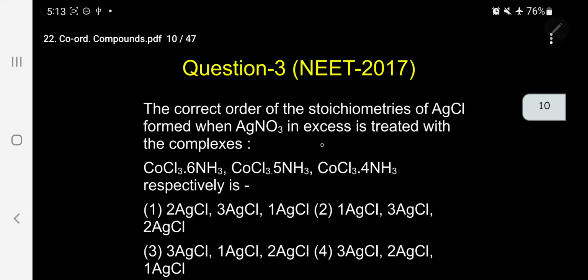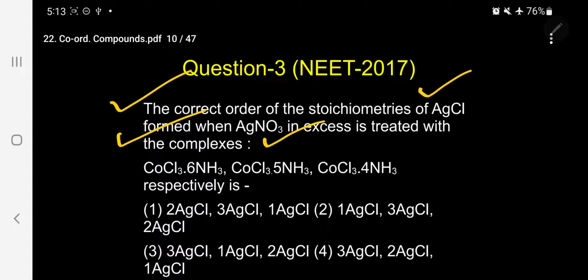Question number 3. The correct order of the stoichiometries of silver chloride formed when silver nitrate in excess is treated with the complexes. What are the complexes? Three complexes: CoCl3·6NH3, CoCl3·5NH3, CoCl3·4NH3 respectively.